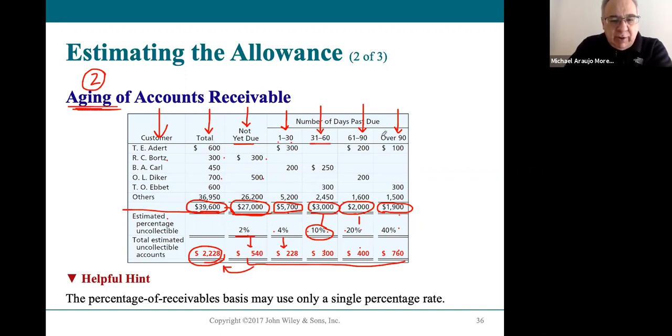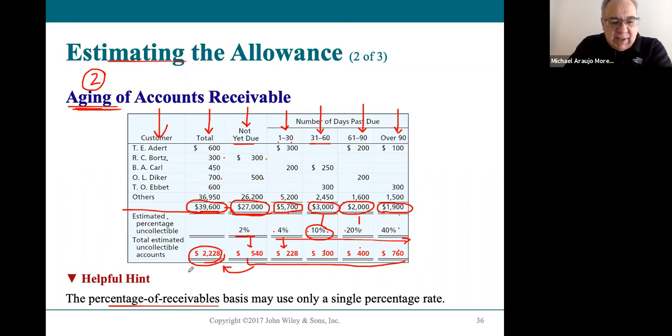The older the account is that you're waiting for, the more likely, right, the higher percentage of it you're not going to collect. That's basically how they've estimated. This is a very good way of doing it because they're using multiple rates based on the time, whereas the percentage of receivable basis just uses a single rate for the entire total. Okay.